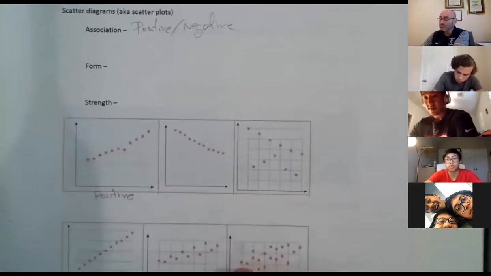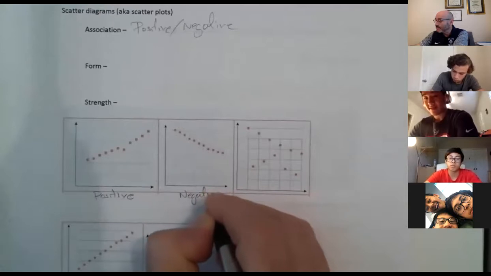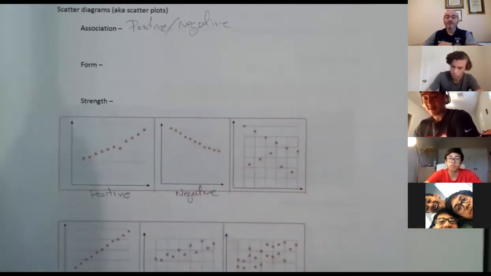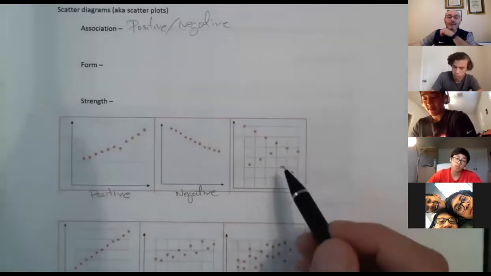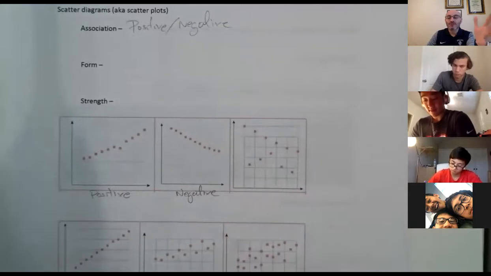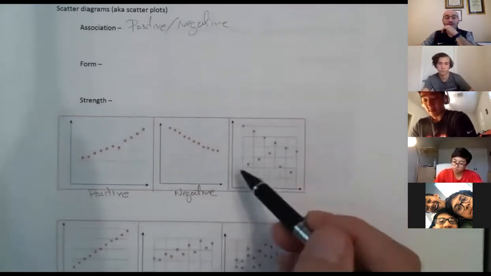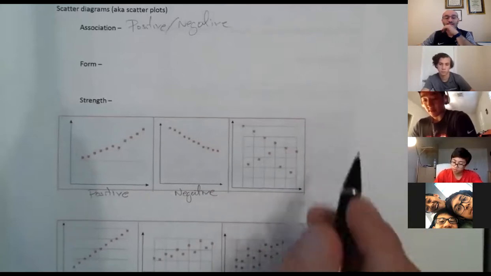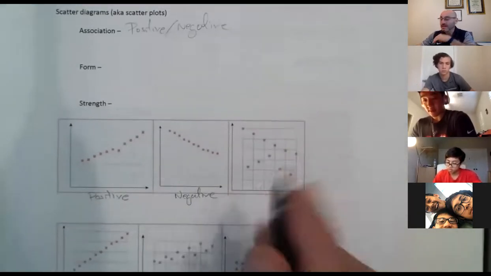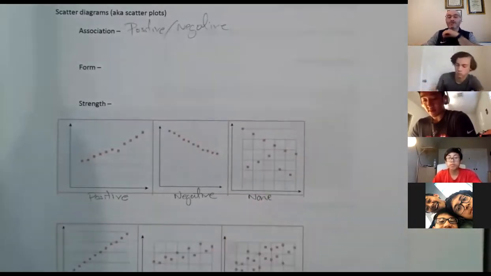And then the association here will be negative, because from left to right, the data set is decreasing. And then in this one, it's really not very evident if it's going in one direction or the other. You have a set of data here that is going down, you have something that is going up, another going down. So we will say that in this case, there is none, all right? Or there is no association between the data, all right?